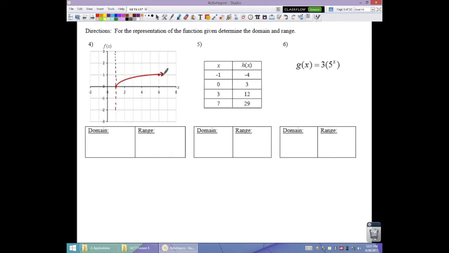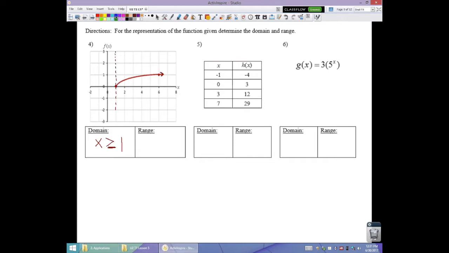This arrow implies that it continues to the right. So my domain values are every x greater than or equal to 1. I chose to put the or equal because there is a solid point when x is 1.